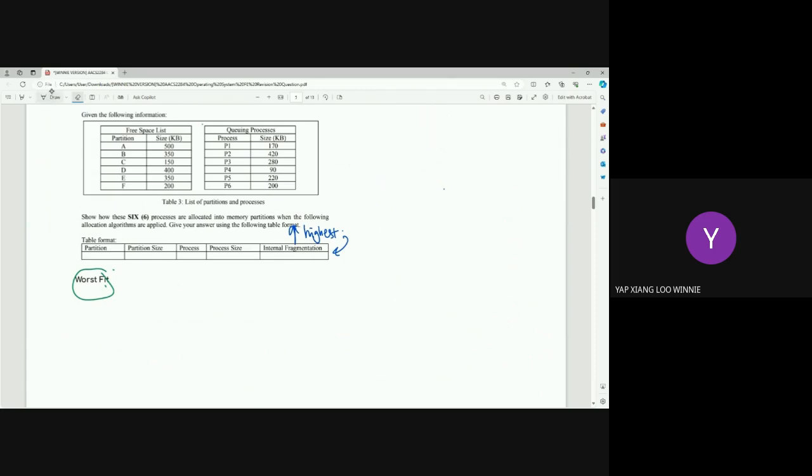Okay, what I have to do is I still have to draw the partition. So give me some time to come up with this partition size table. And then we're going to have a process size, followed by the internal fragmentation.